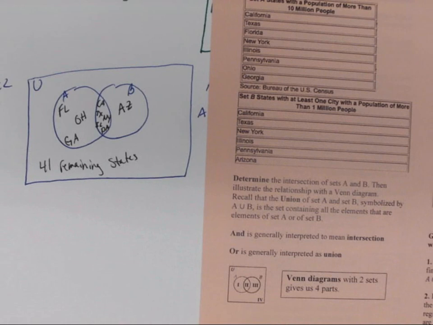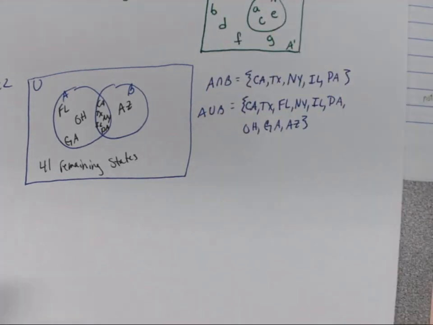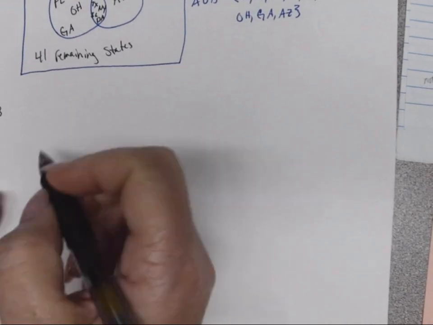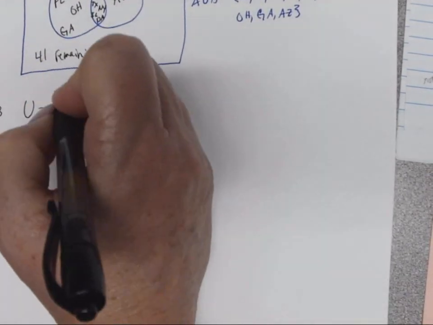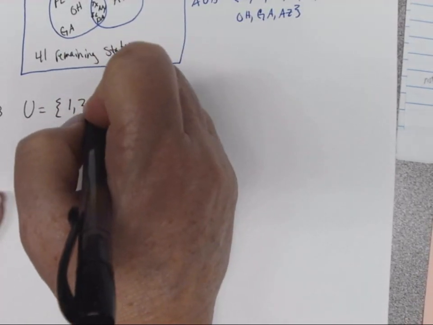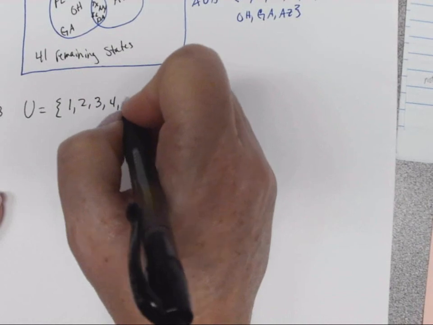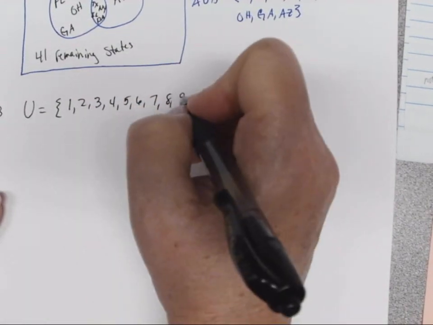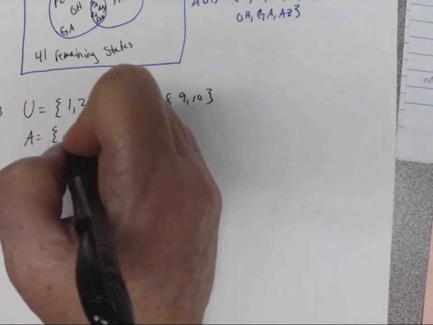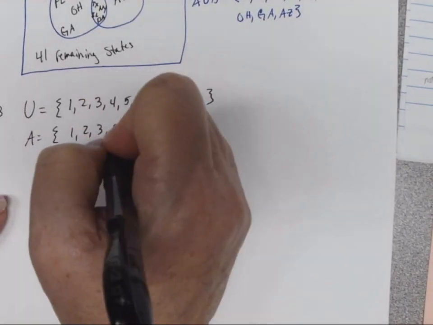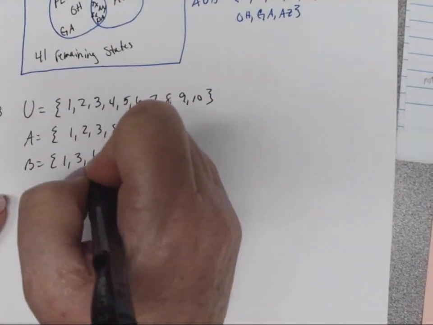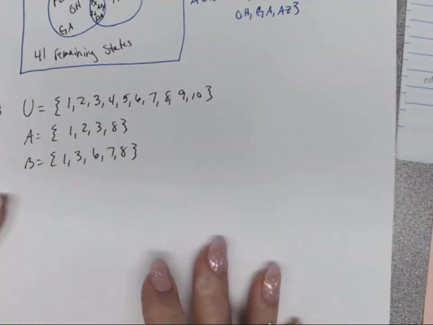All right, let's look at another example. So let's go to example 3. So if we're given that the universal set is 1 through 10, so 1, 2, 3, 4, 5, 6, 7, 8, 9, and 10, and set A is equal to 1, 2, 3, and 8, and set B is 1, 3, 6, 7, and 8.